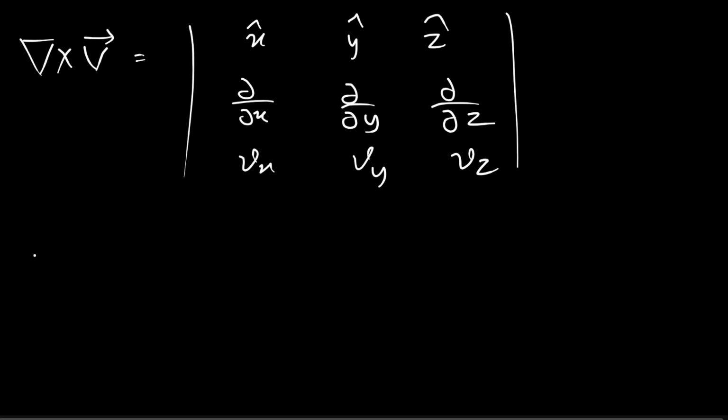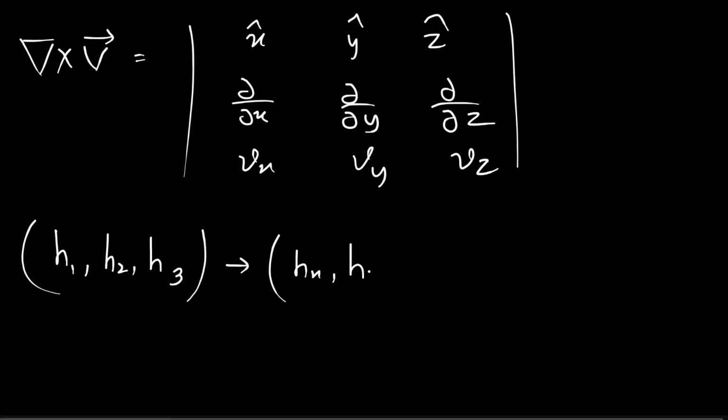Let me recall all the things once again. We have h1, h2, and h3 for the Cartesian coordinate. We represent them by hx, hy, and hz. It comes out to be, as we have solved already, 1, 1, 1.